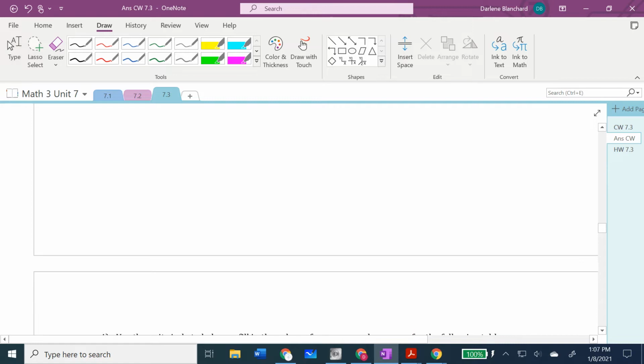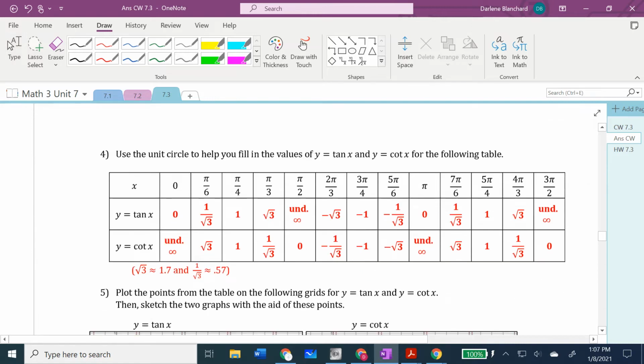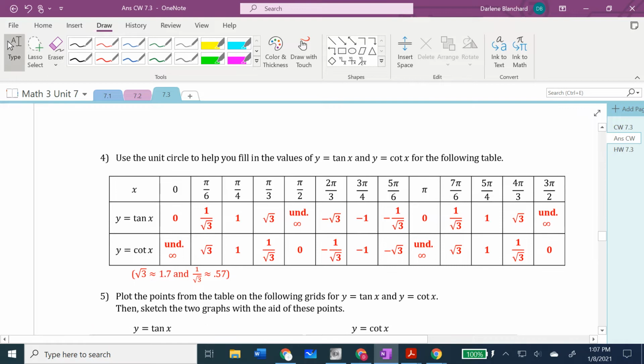Now we're turning to tangent first. Now, this is a little bit tedious, I realize that. But I want to do what I can to help you understand the graph of tangent and the graph of cotangent.